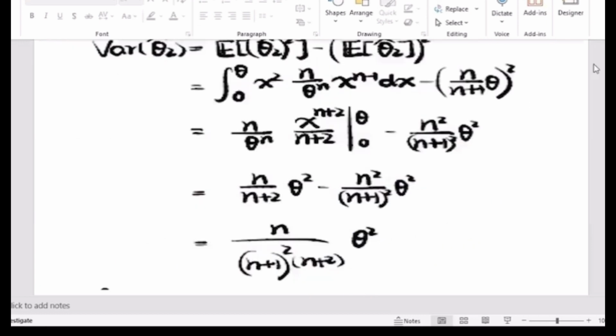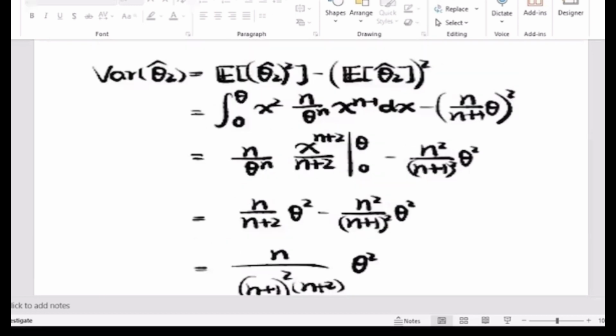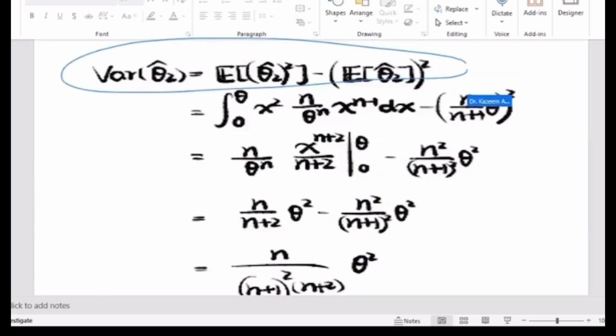Now, you see what we're doing here? You've done this before in 4101. If I want to find the variance of an estimator, it's the expected value of the estimator squared minus the expected value of the estimator, everything all squared. So what you're doing in the integral now, you raise s to the power of two, because you want to find the expectation of that squared, minus the square of what you got, n over n plus 1 theta, which was the expectation of theta cap before.